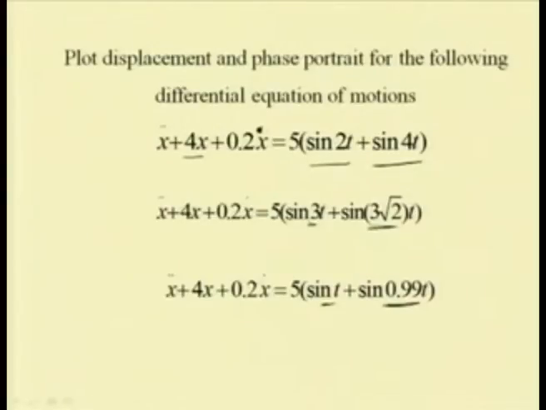But in the second case, as the ratio is an irrational number, that is 3 root 2 by 3 equal to root 2, one can get a quasi periodic response in the solution. In the third case, the response will be aperiodic, or one can get a beating type of response as the frequencies are very near to each other. So, this is 1 and this is 0.99. So, one has a beating frequency of 0.01.